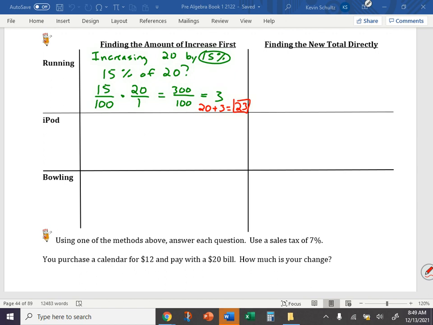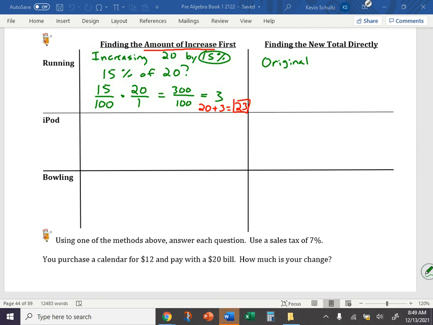So this method is only finding the amount of the increase. We then have to add that to the original. There's a shorter way that involves finding the new total directly. And here's where the formula comes in. The formula for this is the original amount, which in our case is what?